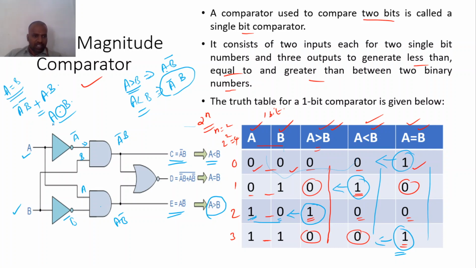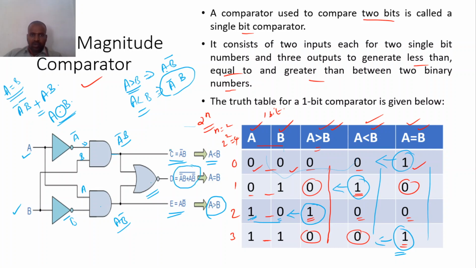So the next thing is a equal to b. The a equal to b expression is a XNOR b. Okay, so here see, they have used only one NOR gate. Why they use a NOR gate is they have taken the inputs from this AND gate output and this AND gate output. It is the a bar b, here a b bar, so the NOR gate, the whole bar will come.